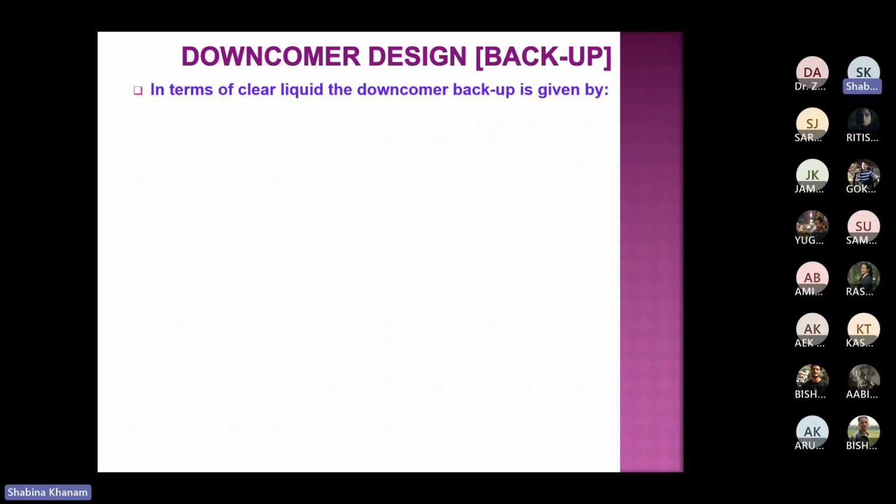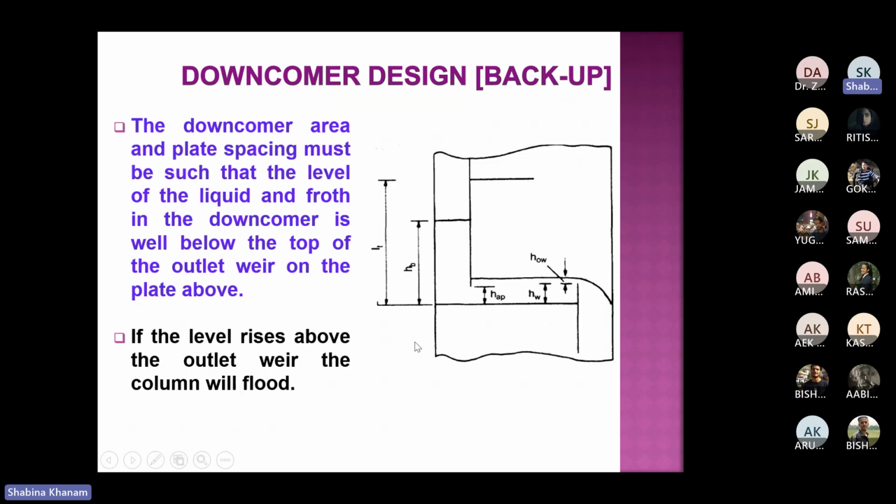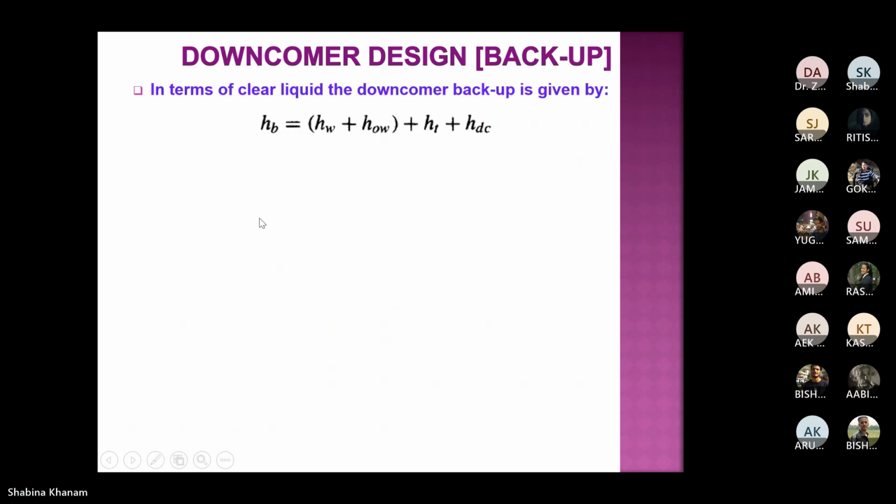In terms of clear liquid, the downcomer backup is given by HB, which we have already seen here. HB is equal to HW plus HOW, which we have already seen, plus HT plus HDC. HT is the total pressure drop over the plate, and that we can consider along with HW plus HOW.